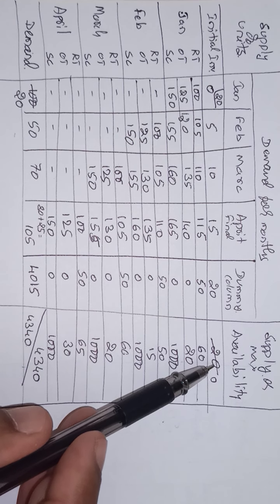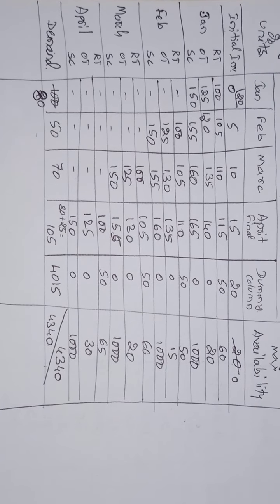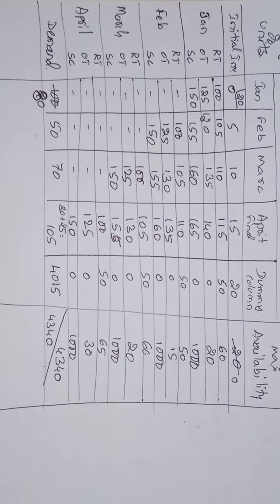So by using that 20 we can meet part of the January demand; fully we cannot meet the demand, partially we can. So use this 20 quantity to meet the demand in that first period. 20, right? So how much remaining? Sorry, 80 units are remaining. Is that clear? 80 units are remaining.